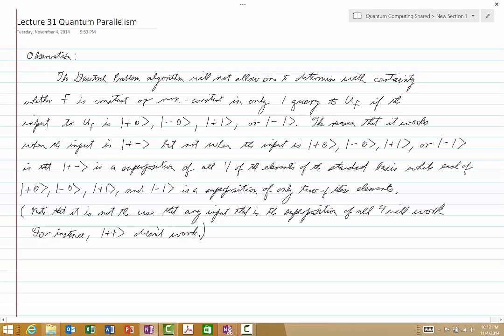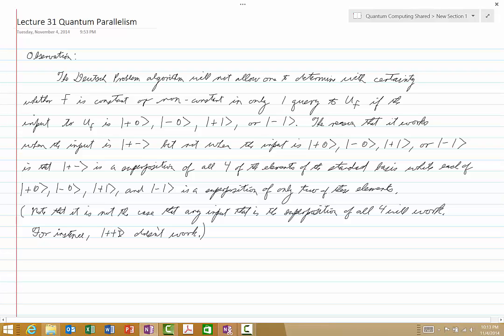So for the Deutsch problem algorithm to work, we need an input to u sub f that is the superposition of all four of the standard basis elements, but that is a necessary condition for it to work with certainty in just one query, but it is not a sufficient condition, because as I say here, if you check the Deutsch problem algorithm, and instead of having plus minus, you had plus plus, now plus plus is indeed a superposition of all four of the elements in the standard basis.